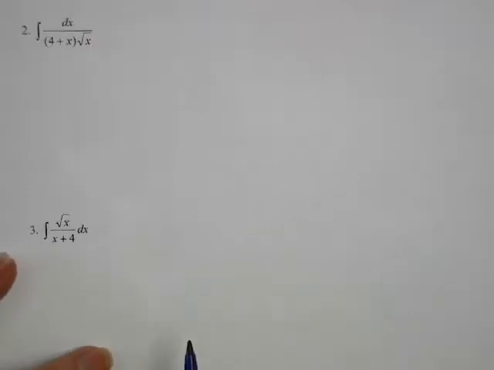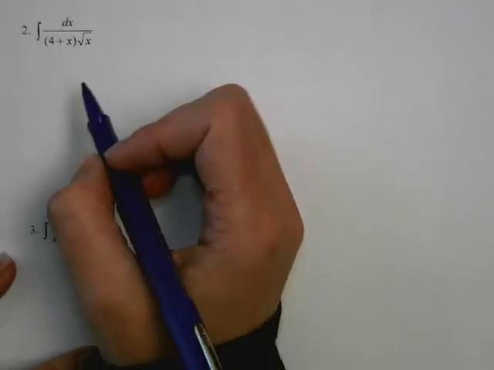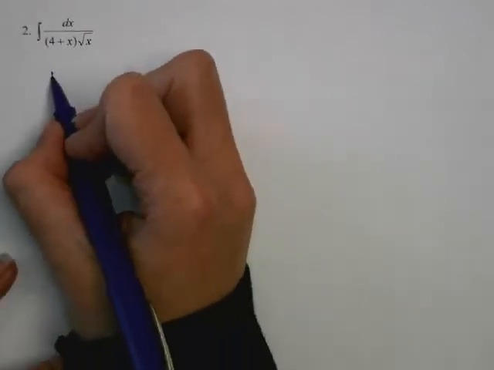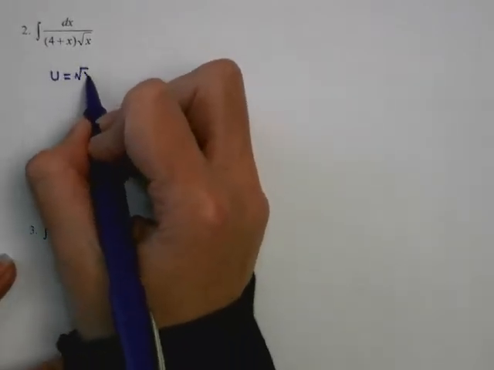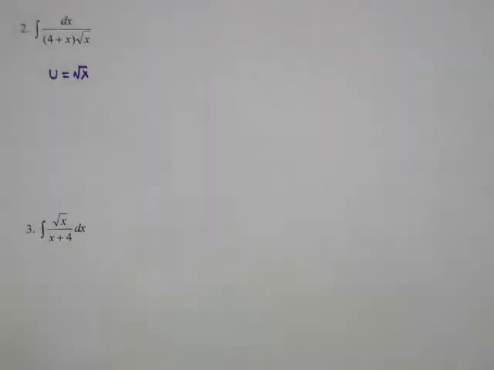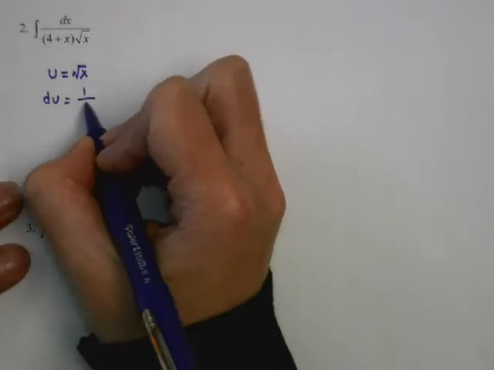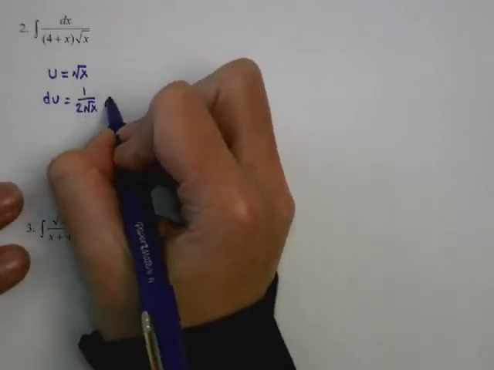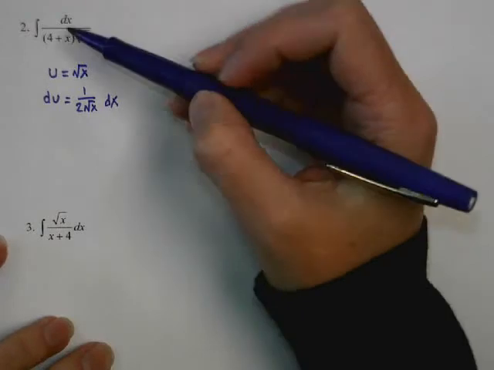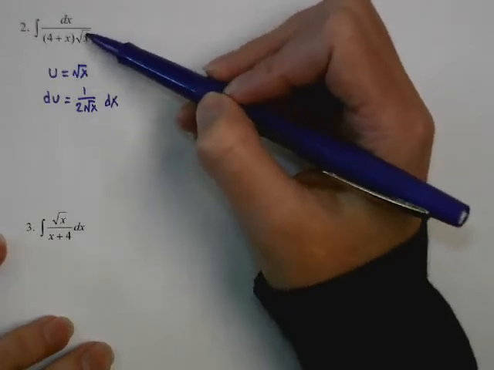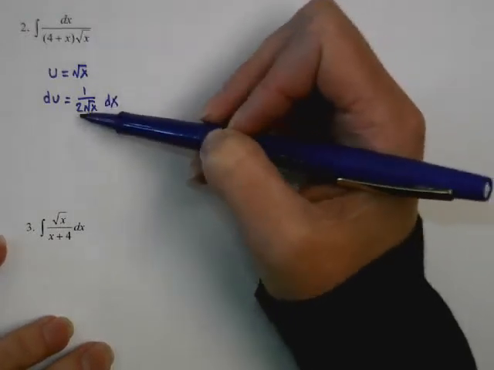A lot of these substitutions deal with radicals because there's kind of an interesting thing that can happen when we do a u substitution with the square root of x. When we do du, we get 1 over 2 root x dx. Now here, this is going to get replaced with u, but I don't have this in the problem.